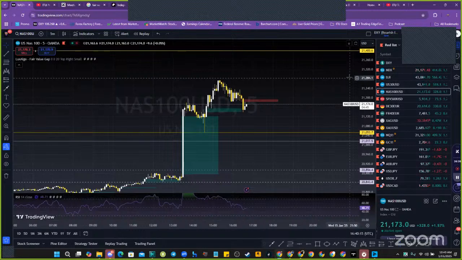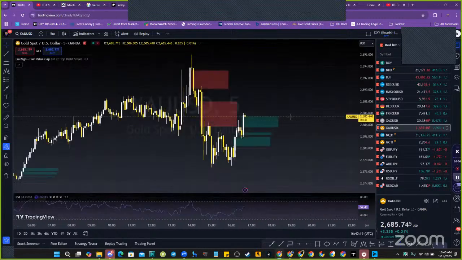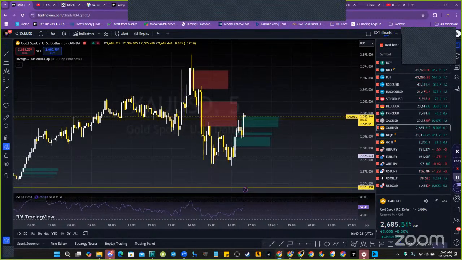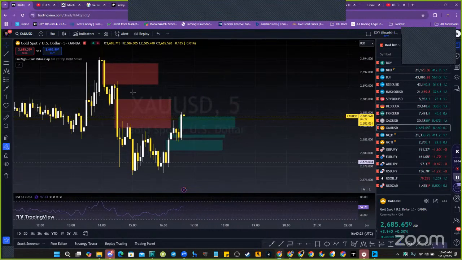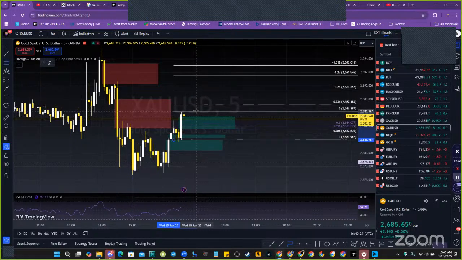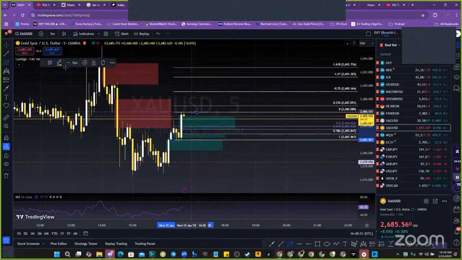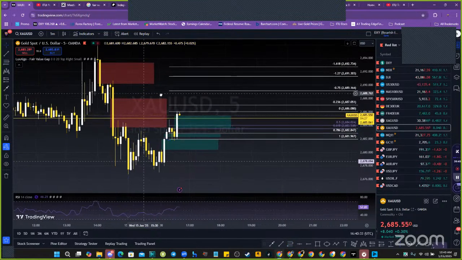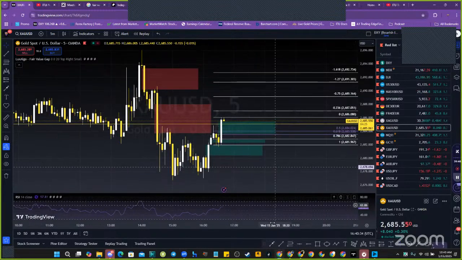Bears started fighting back as soon as that gold candle closed. Let's see if gold can retrace on this 5.